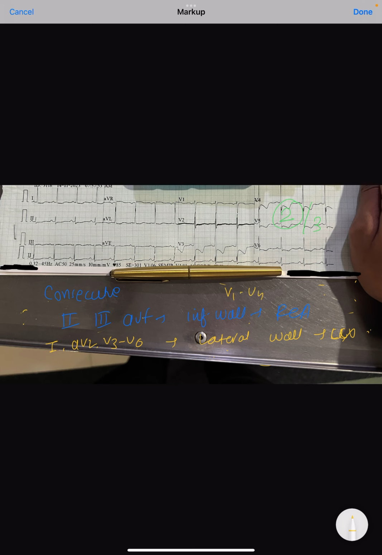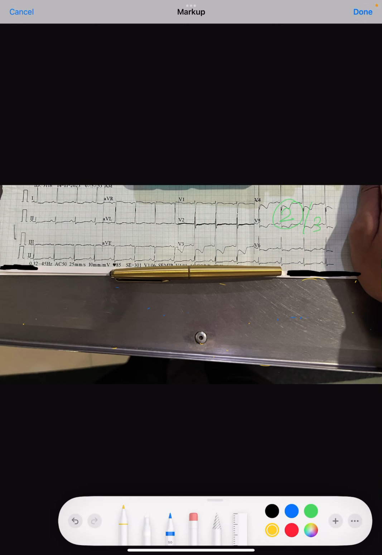Lead V1 to V4 may show similar changes, and most of the time the artery which is culprit is LAD. These are the consecutive leads which very commonly we follow, and the ECG changes must be present in at least two consecutive leads, like lead 2, 3 and AVF. Only ST elevation in lead 2 or only in lead 4 is not good. We don't consider it as significant. So ECG changes must be present in two consecutive leads.